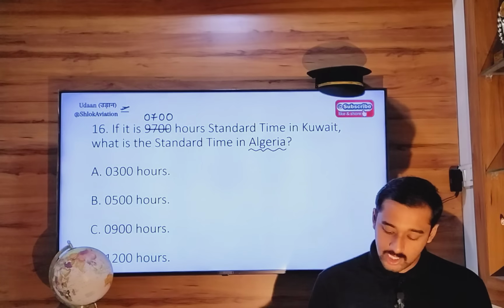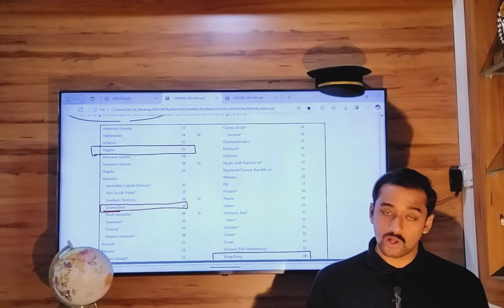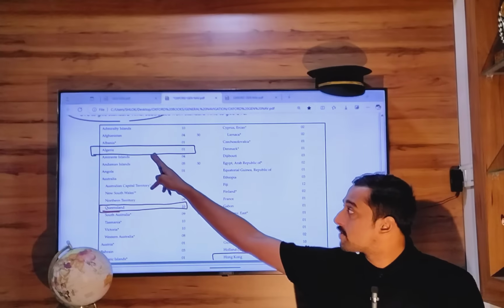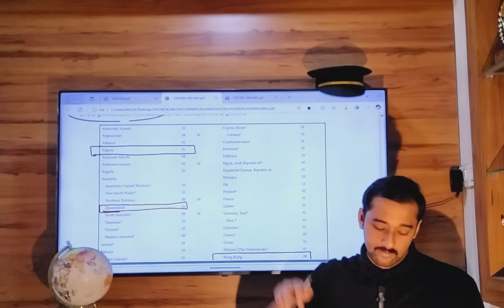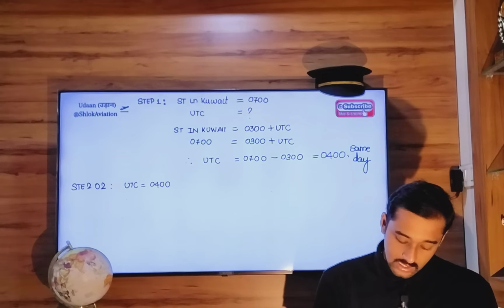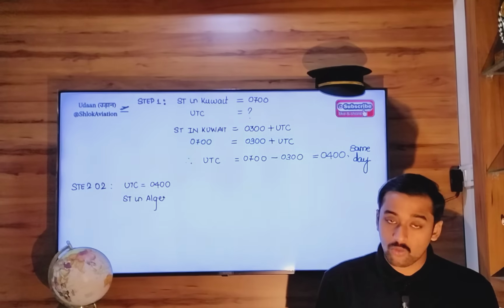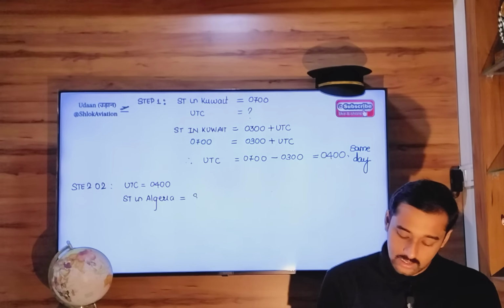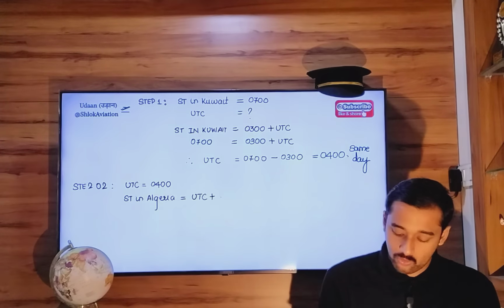Now Algeria is a place which is also to the east of the prime meridian. Okay, Algeria is 1 hour ahead of UTC time. So standard time in Algeria is equal to UTC time plus 1 hour.